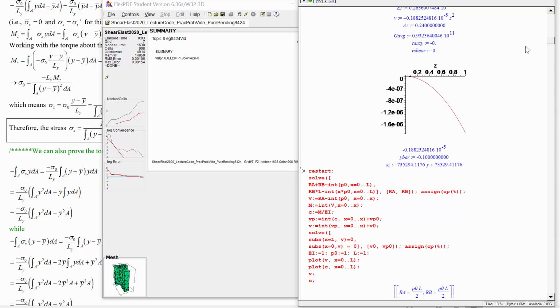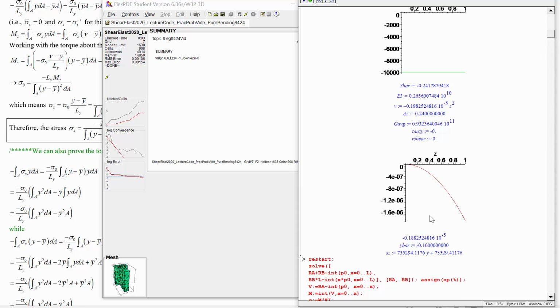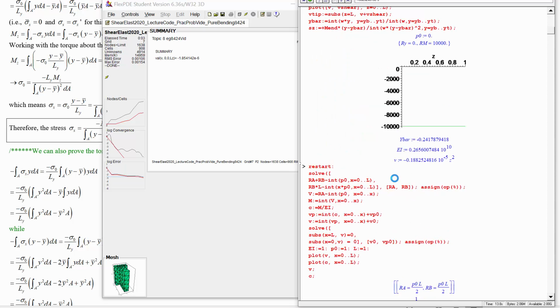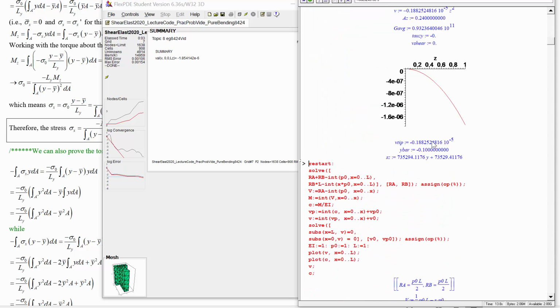Okay, so it looks like using both shear and bending, we would have this. This is the tip displacement, right? Let's call it V tip, so it's a little bit easier to read. And we have 1.88 E minus 6. Well, that's pretty close.